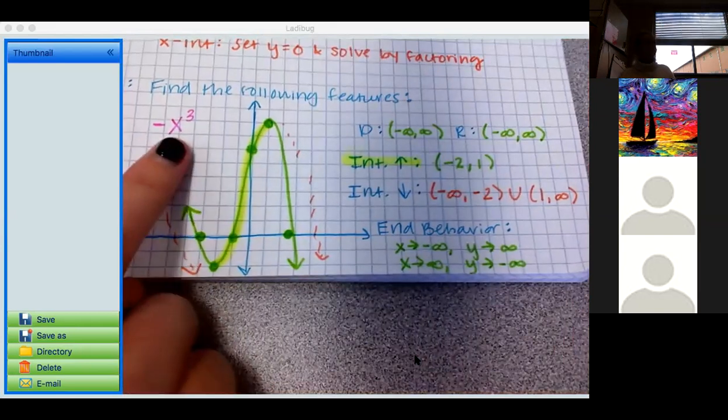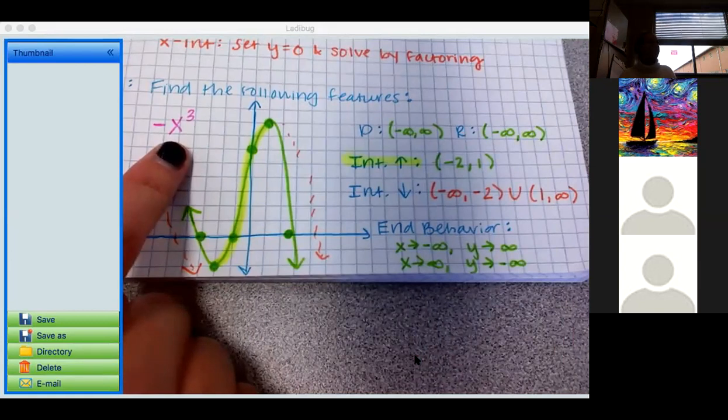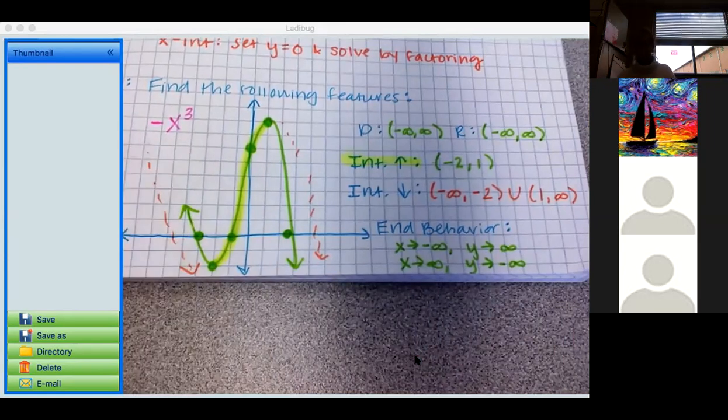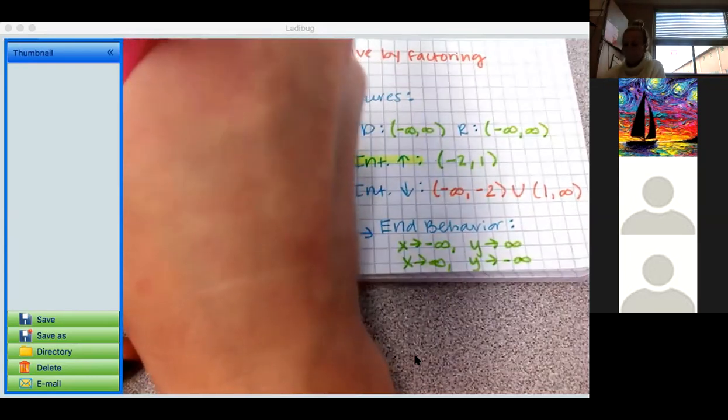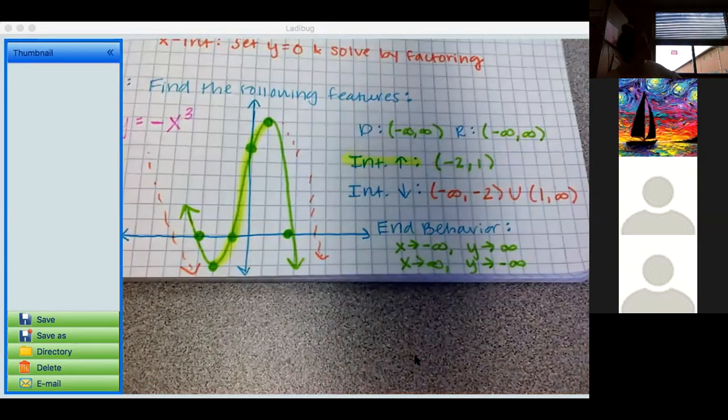Are there any restrictions on this function? Is there any number that x cannot be? No, because there's no what? Okay, there is a y. It should say y equals. Thank you for clarifying.